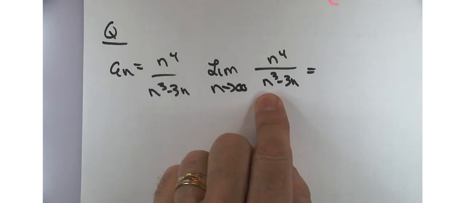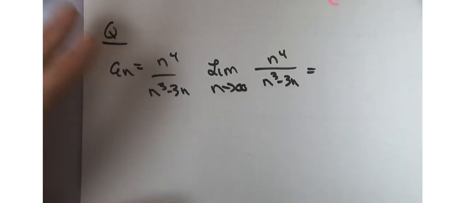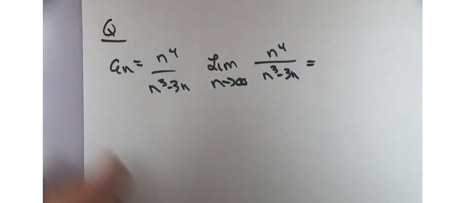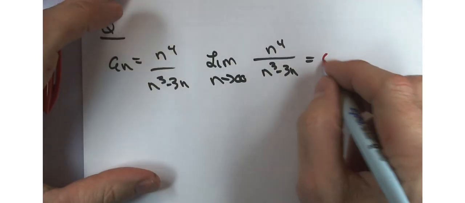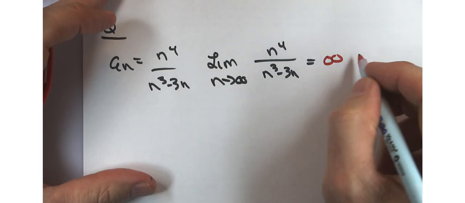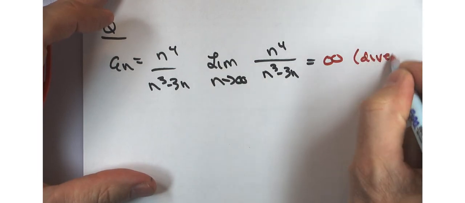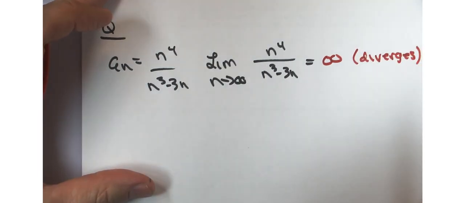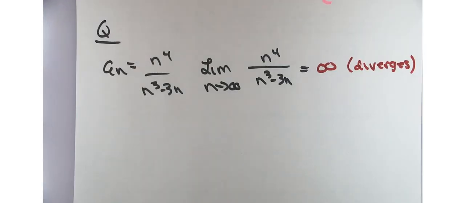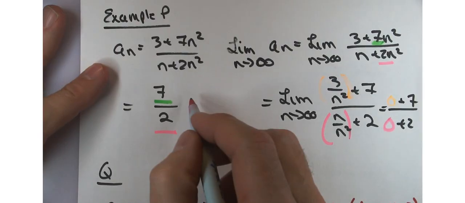So that limit's going to go to infinity every time when that's happening with your polynomial terms. So if that limit is infinity, then essentially you're saying that this sequence diverges. It does not converge to anything. Whereas in the previous one, up here, the sequence converged.